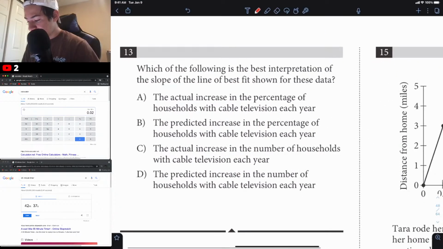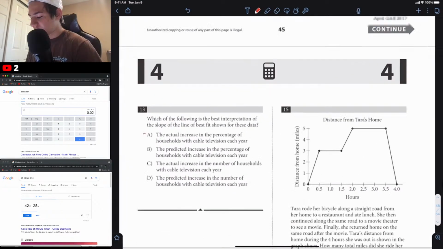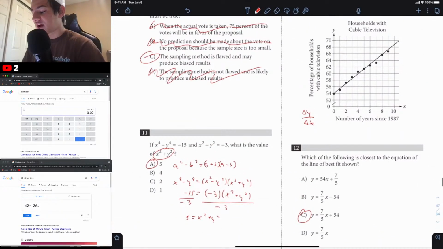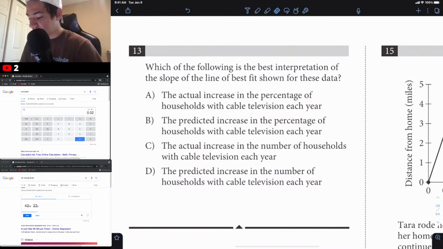Well, it's not going to be the actual increase, it's the predicted, right? Because it's the line of best fit. It's not exact, but it's pretty close. So it's not going to be actual. Percentage, so it's B.